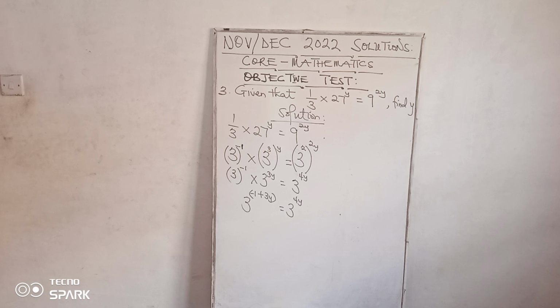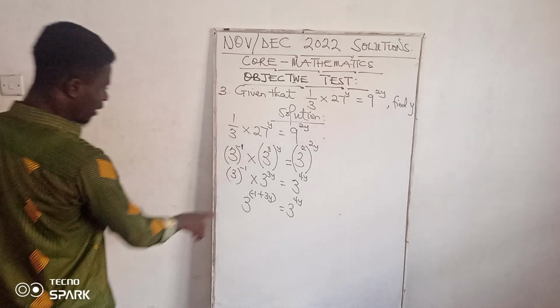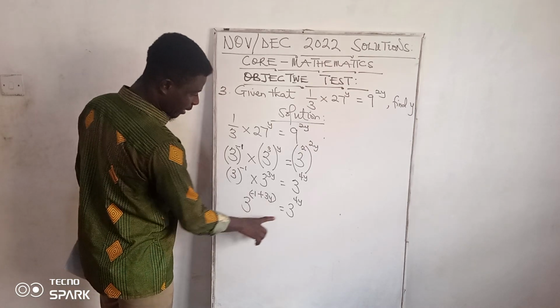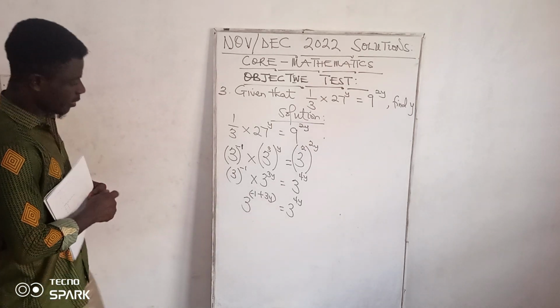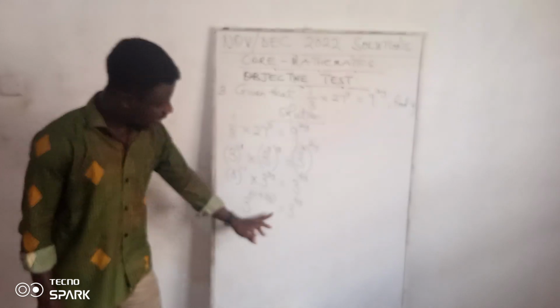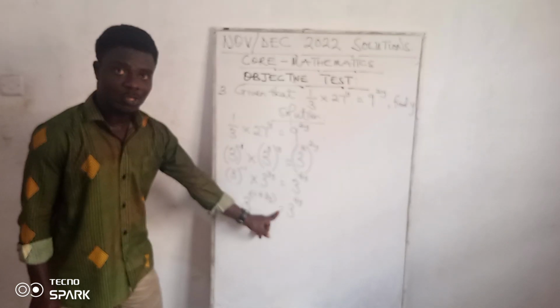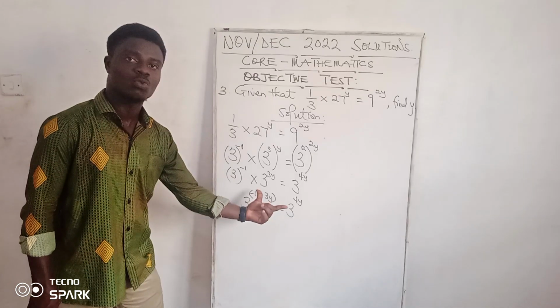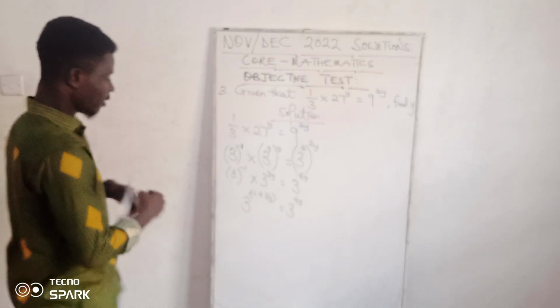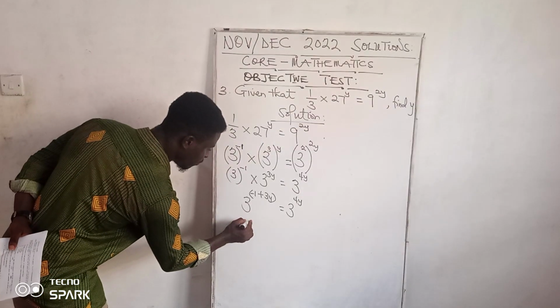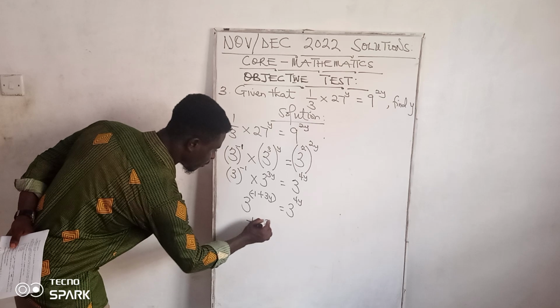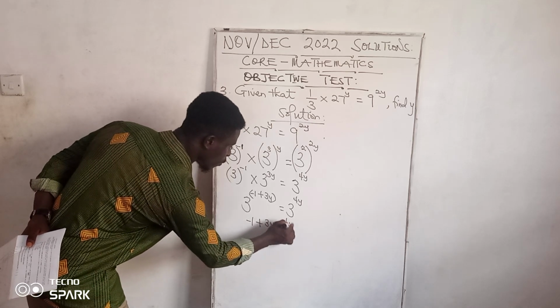I believe you are following. So now let's continue. 3 exponent negative 1 plus 3y equals 3 exponent 4y. Now, they have the same base and they are equating. So what can we do? We can equate the exponents. So I have negative 1 plus 3y, which must be equal to 4y.